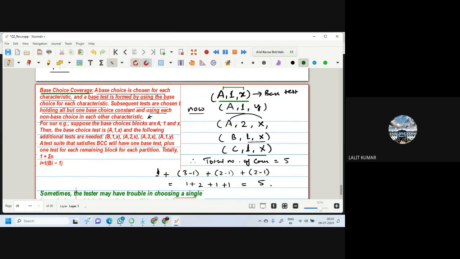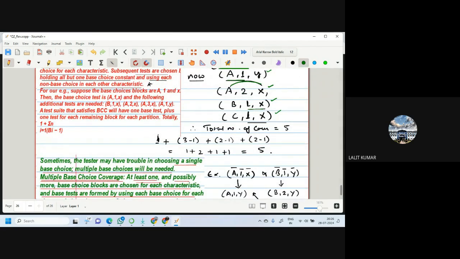So for example, here A1 is constant, x and y. Now AX is constant, 2 I got. 1x I got constant, so I got B, then 1x I got C. So total number of cases became 1, 2, 3, and 5.